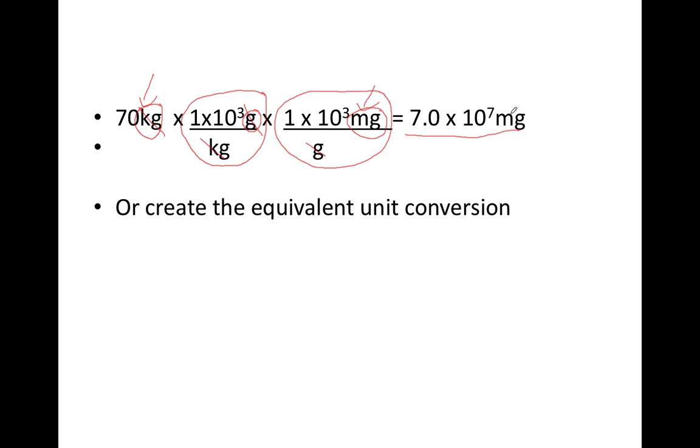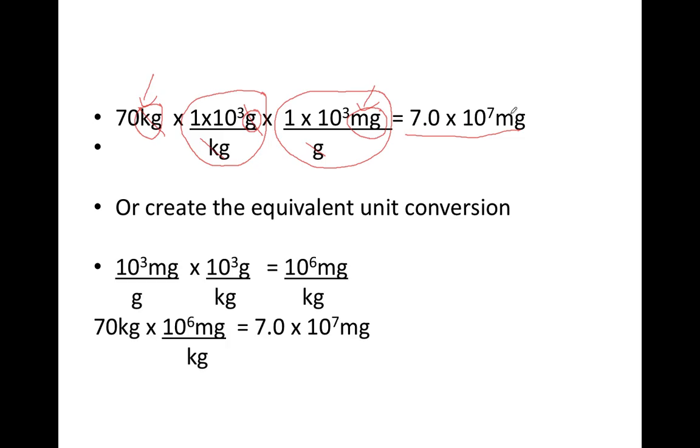Or create the equivalent unit conversion. So we have 10 to the 3 milligrams per gram, and there's 10 to the 3 grams per kilogram. So we multiply these 2 conversion factors, grams cancels, and we get a new conversion factor with milligrams over kilograms.